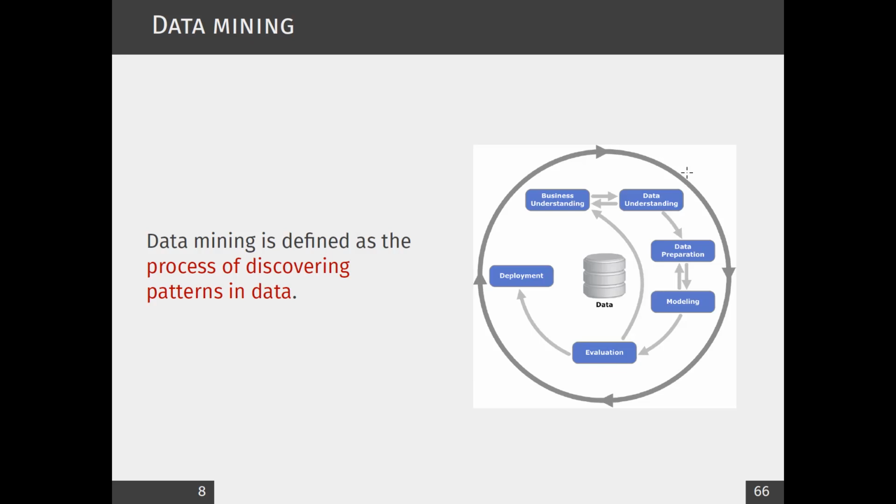Then we have the modeling, where we create some data models for the task at hand. For example, if it is a classification, let's say you want to separate out cats from dogs.